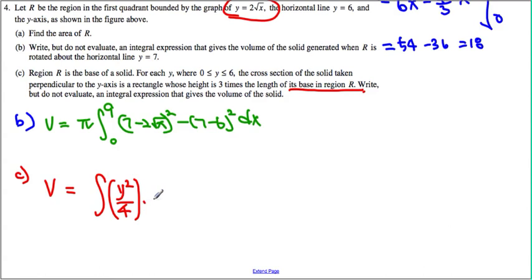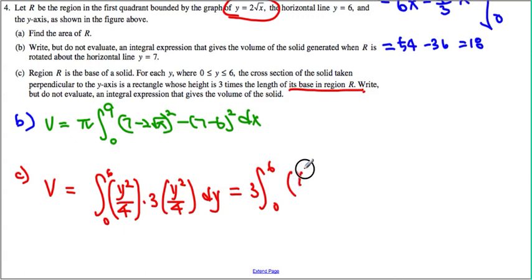That means 3 times y squared over 4 dy, and which goes from 0 through 6. That was the boundary. Now you could just leave it in this way, or you can just rewrite this one as from 0 through 6 of 3 times y squared over 4 to the square dy.